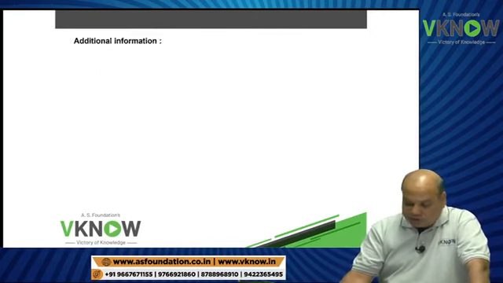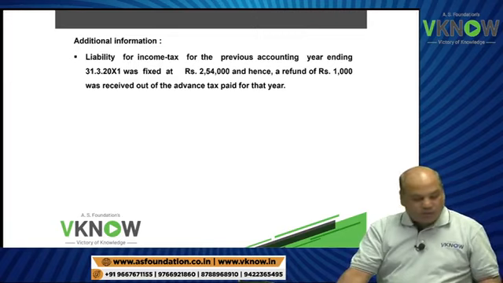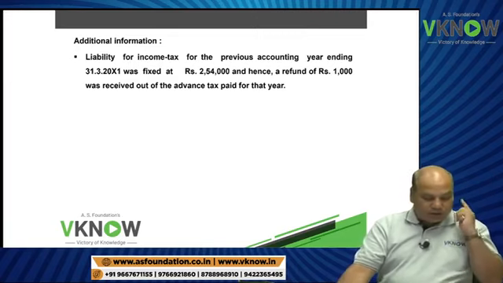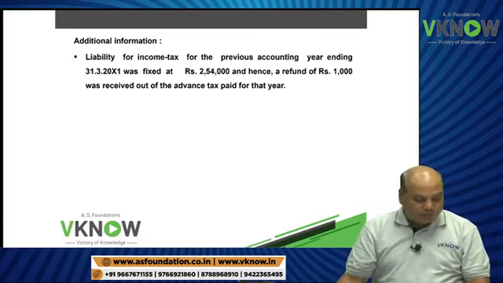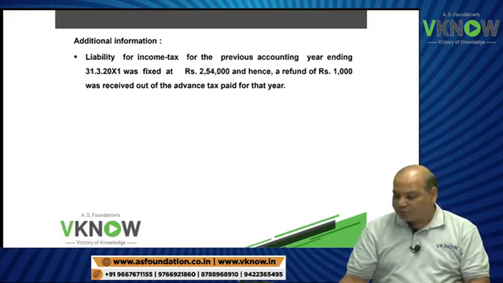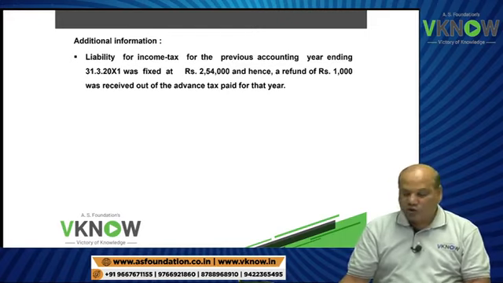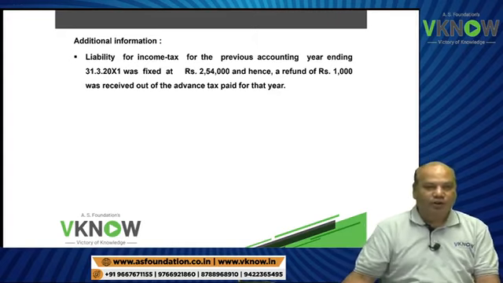Now there are some adjustments. Adjustment number 1, liability for income tax for previous year. For previous year ending 31st March 2001 was fixed at 2,54,000, and hence a refund of rupees 1,000 was received out of the advance tax paid for that year.